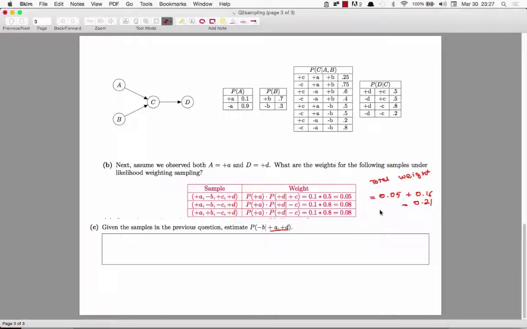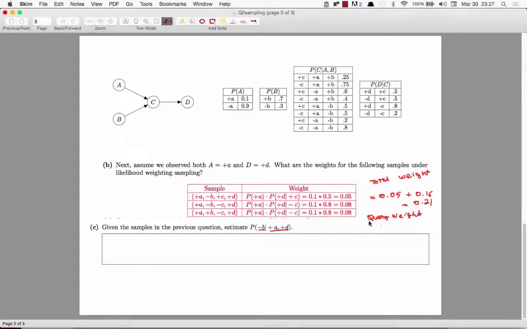And what is the weight of the samples which are consistent with the query? So let me call that the query weight. So that is just this particular sample. Sorry, the query is minus B. So it's this sample and this sample.